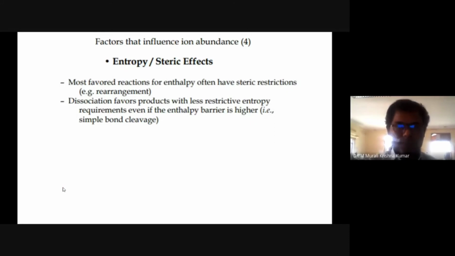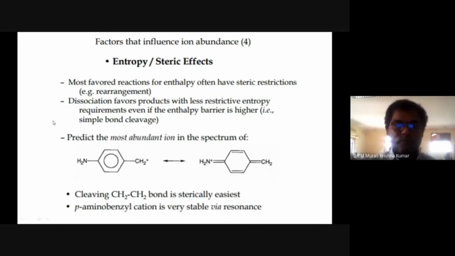So this is another example. This is the benzylic, para-aminotoluene. Actually, para-aminotoluene is the molecule. So this type of rearrangement also will help you.